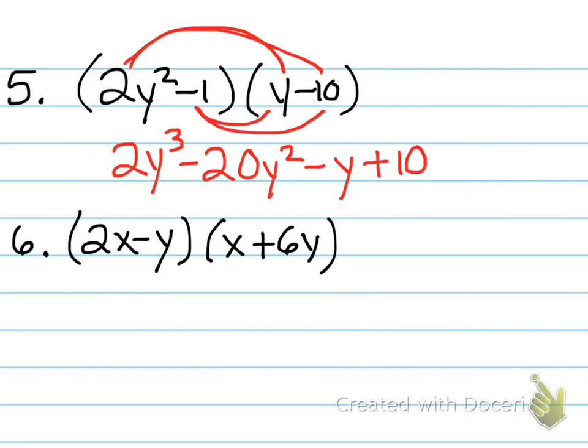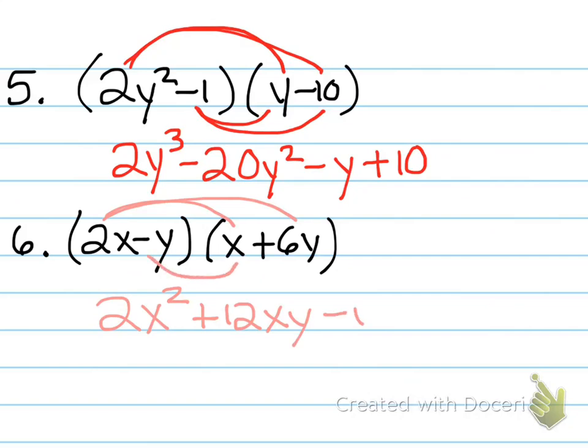All right, let's look at our last example. 2x times x gives me 2x squared. 2x times 6y gives me 12xy. Negative y times x gives me minus yx. And negative y times 6y gives me minus 6y squared.